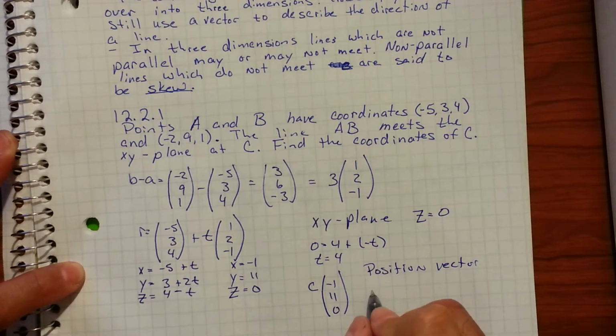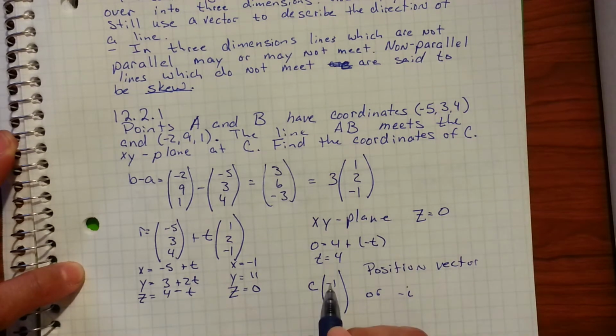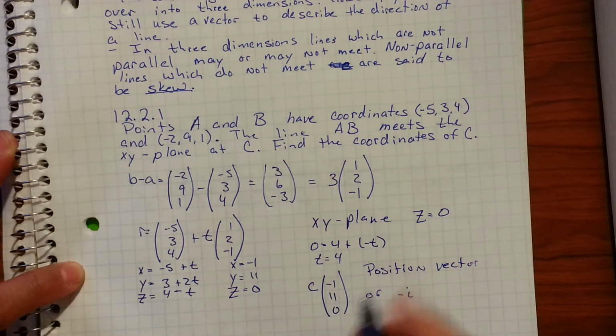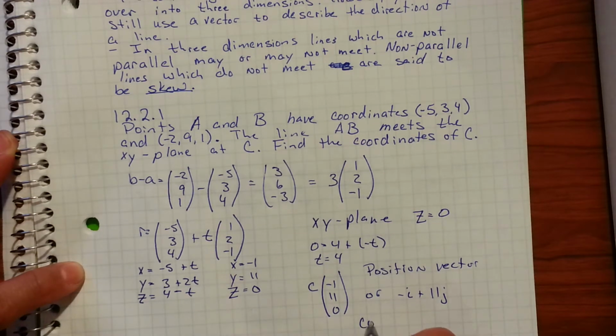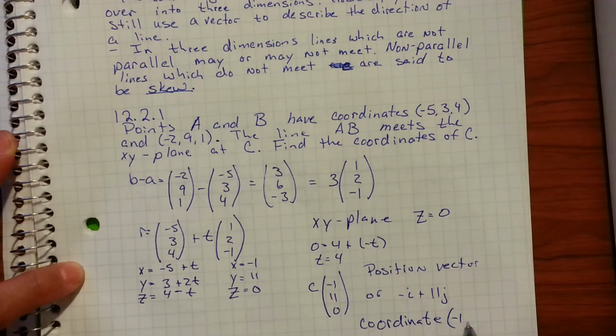I could also rewrite it as -i, that's my -1 right here, plus 11j, and I have 0k, so I could write it like that. And my coordinate point is going to be at -1, 11, 0.